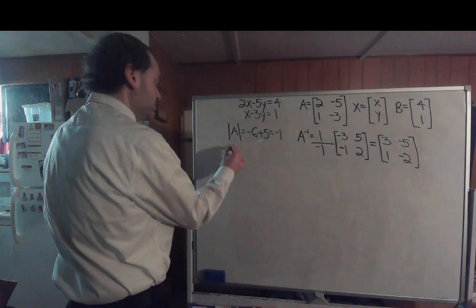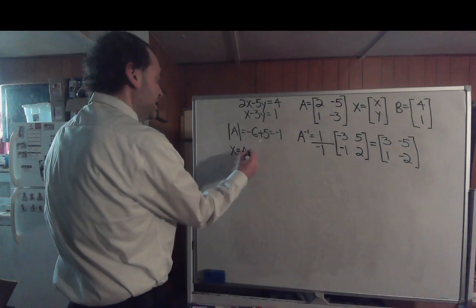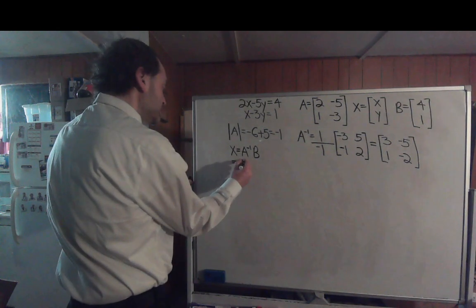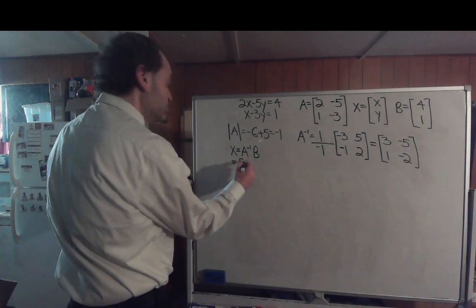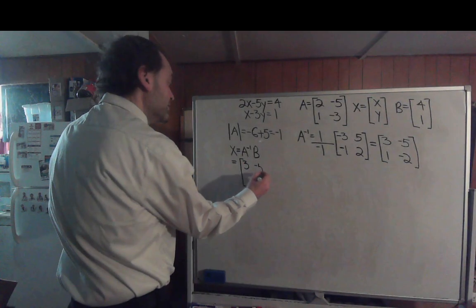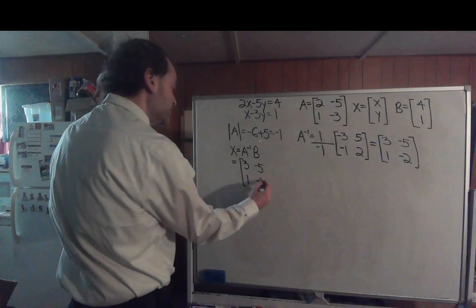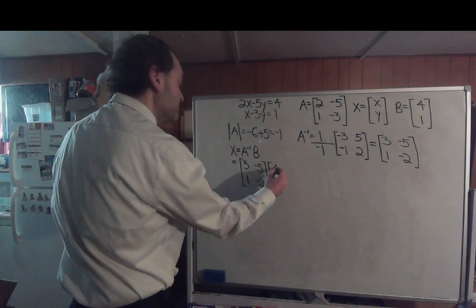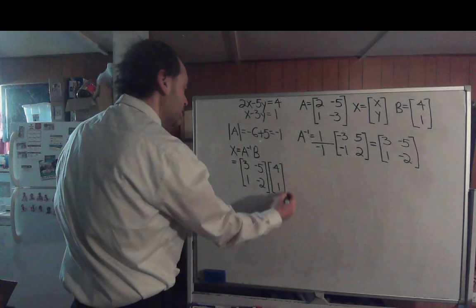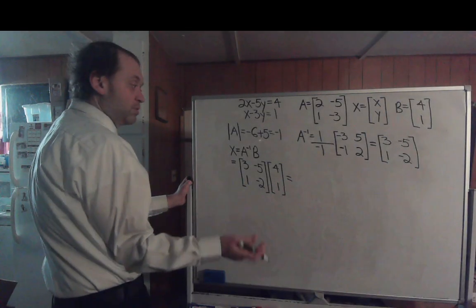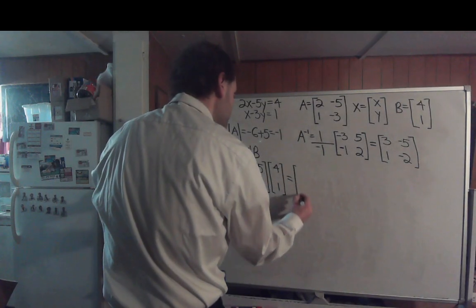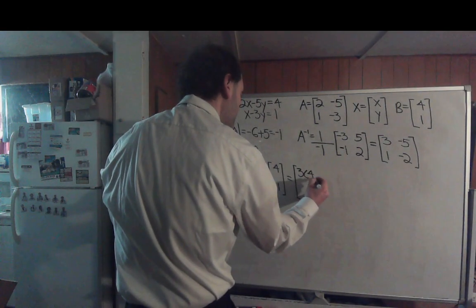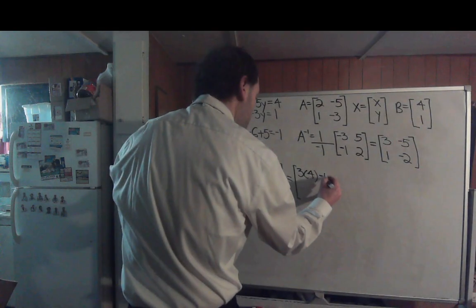Now we can find x by taking that A inverse times matrix B. So let's take our inverse matrix here, which would be 3, negative 5, 1, negative 2, multiply it by our matrix B, which was 4 and 1. So we should get a 2 by 1 matrix. That's the solution to x. So you'll take 3 times 4 minus 5 times 1.